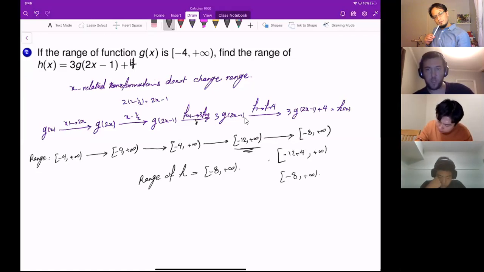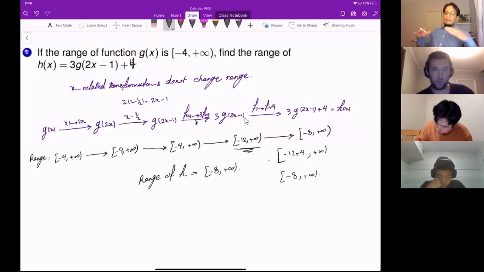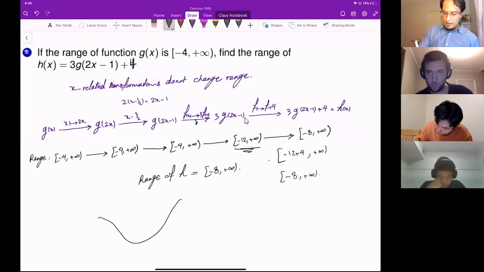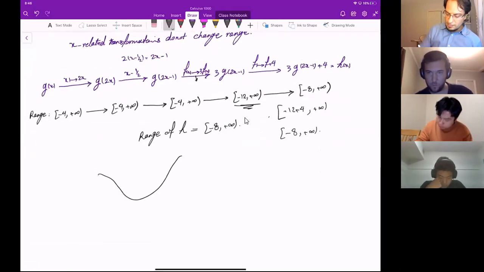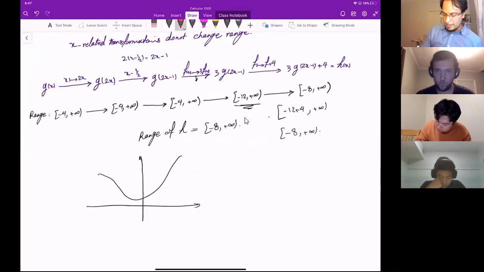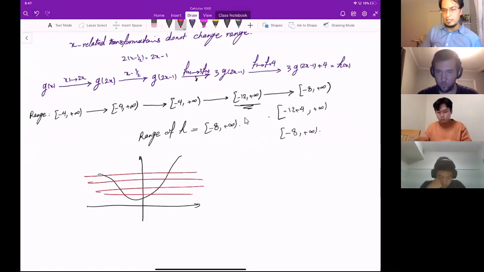Another question is, why don't the x-related operations affect the range? You see, the range is the possible values of y. So if you have a graph, the range of that function is all the possible values of y. If you shift to the right or left, you're changing where the values occur, but the set of values won't change.